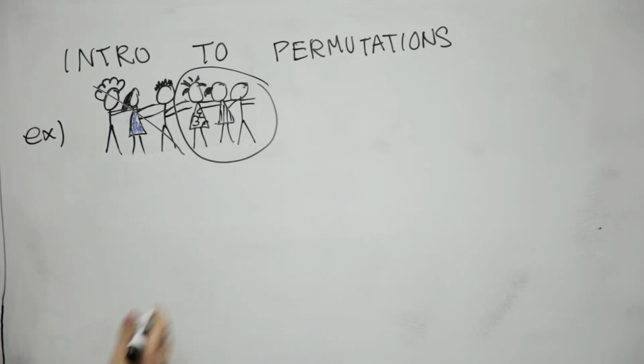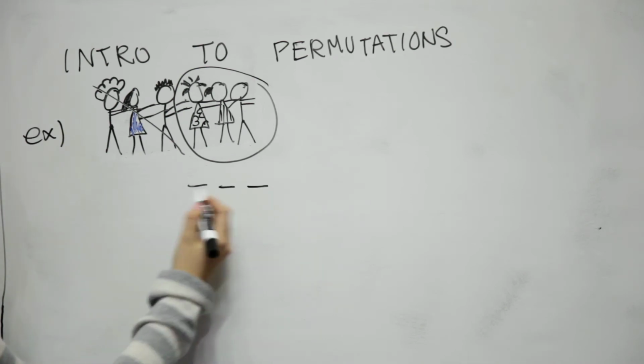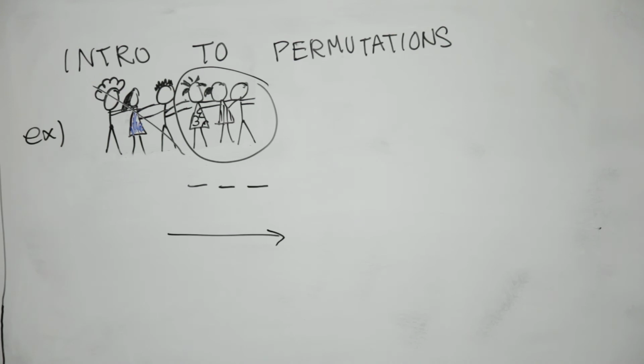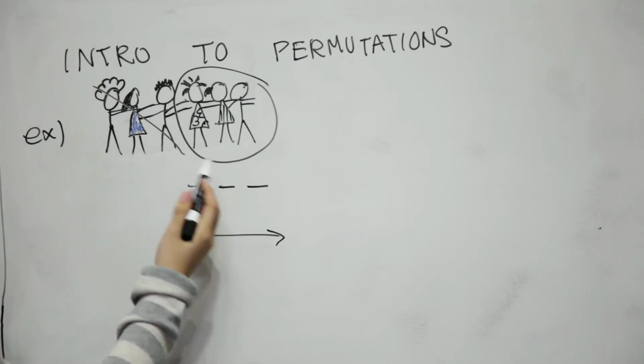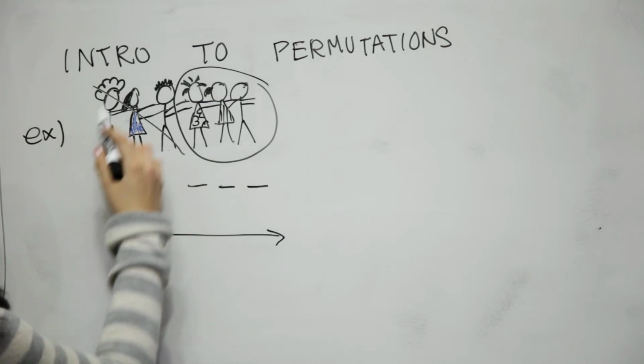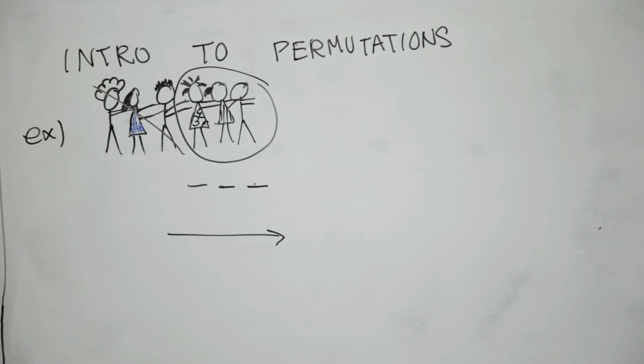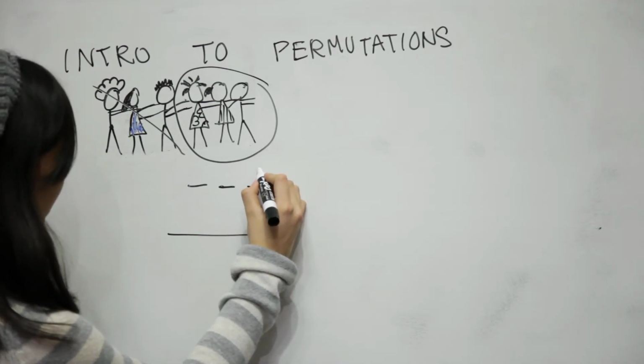So in this case, we only have 3 slots, but we still have 6 unique people to choose from. This is changing the problem into how many different permutations there are to place 3 people from a pool of 6. But again, it looks very similar.